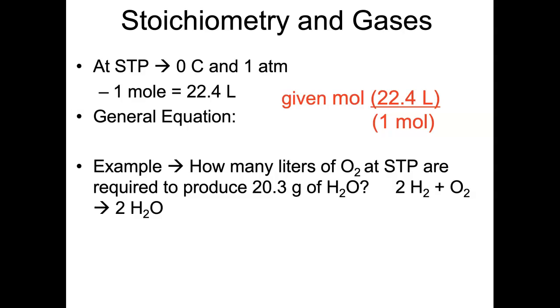So how many liters of oxygen would be required to produce 20.3 grams of water? And there's our equation. I apologize, it's on 2 lines. 2 moles of hydrogen plus oxygen equals 2 moles of water. So take just a minute and figure this equation out. Figure out how much oxygen in liters is required. And then I'll give you the answer in just a second.